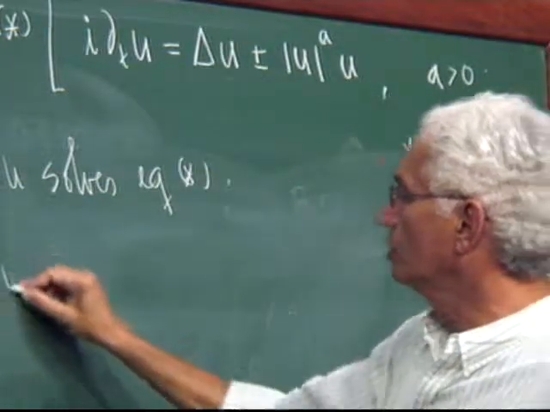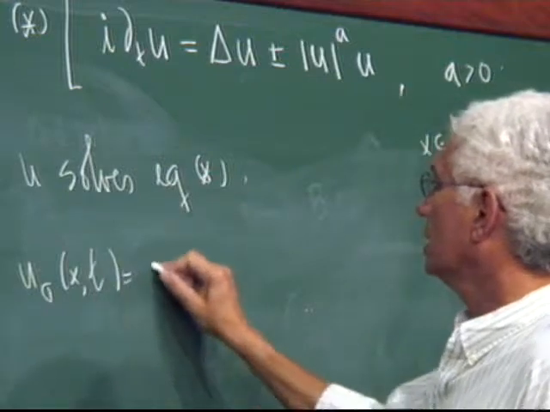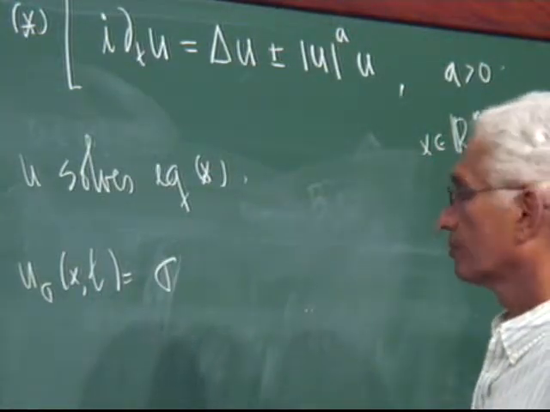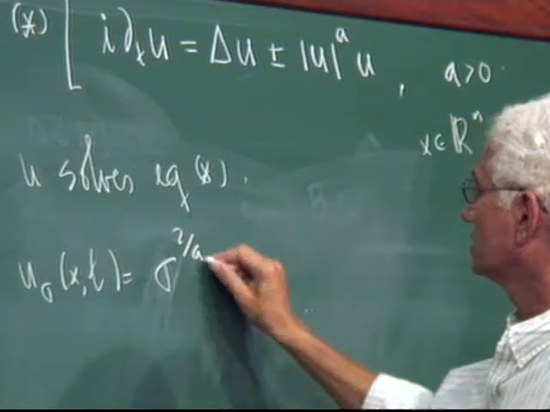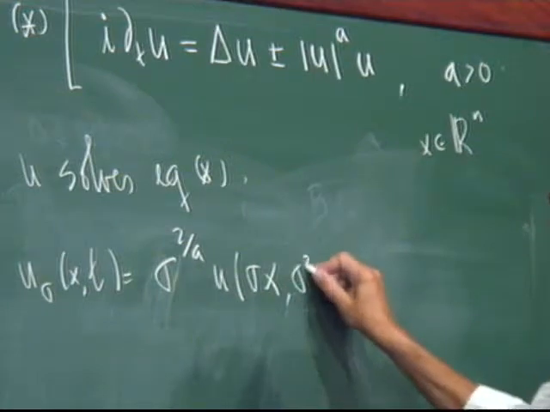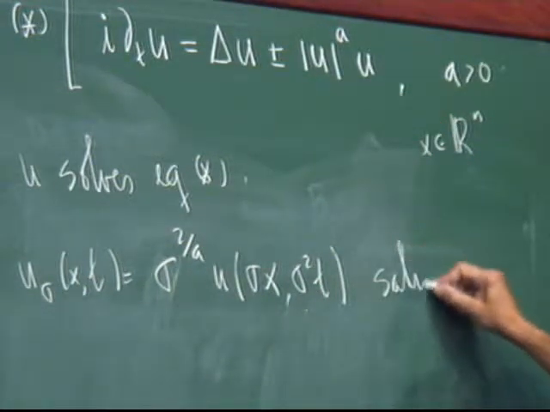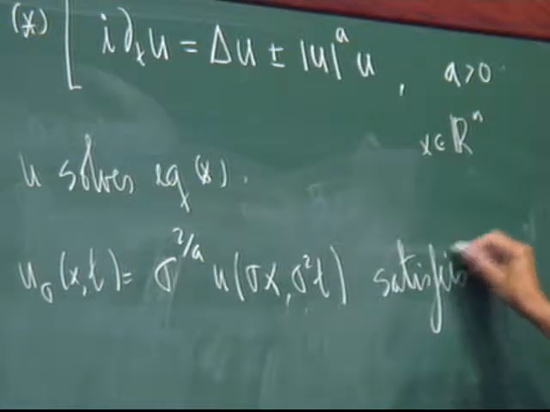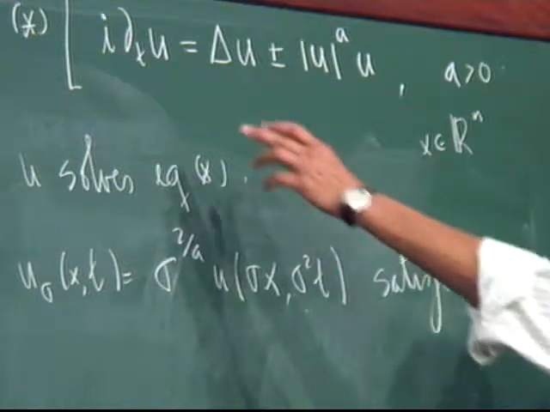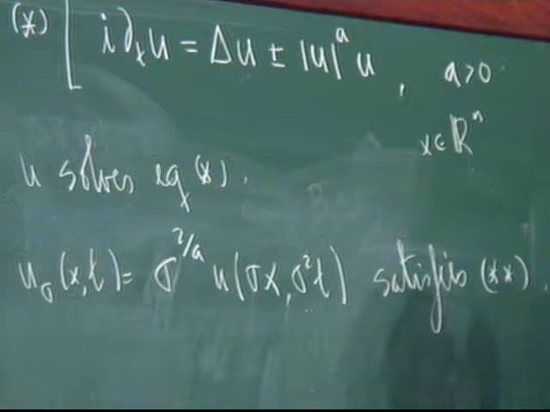Then you have that u sigma of x, t equal to sigma to the power 2 over a, u of sigma x, sigma squared t, satisfies the same equation. Why? Okay, when you take derivatives with respect to t, how many powers of sigma do you have?